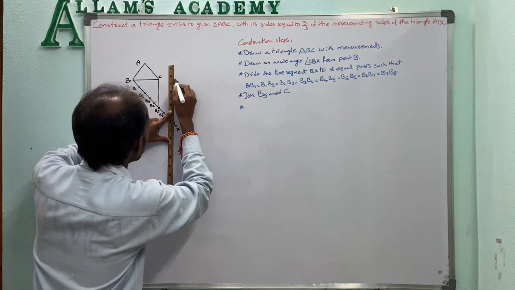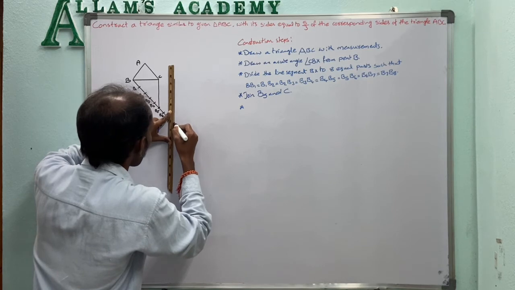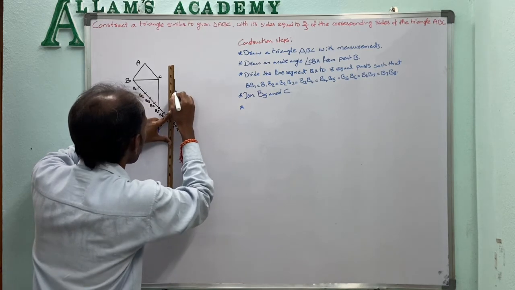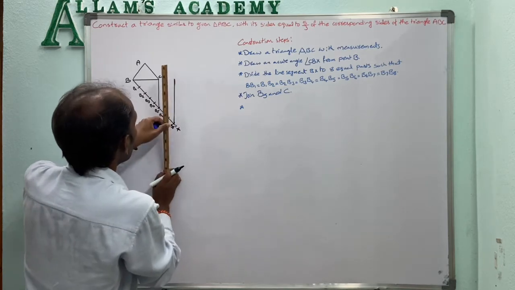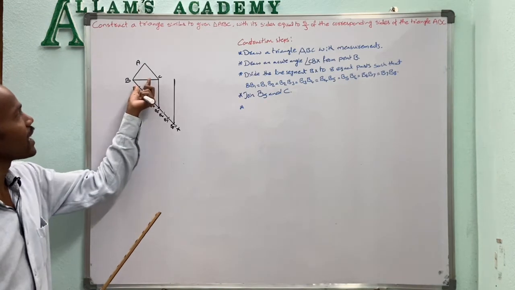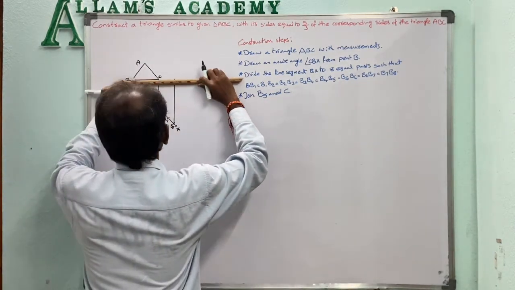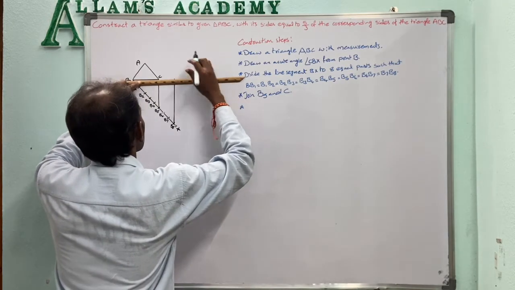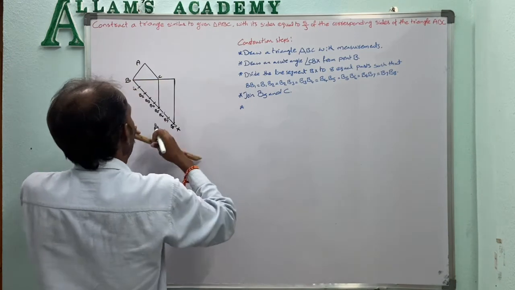Here it is drawn, but for touching, the triangle is not there, so we have to extend BC up to C dash.